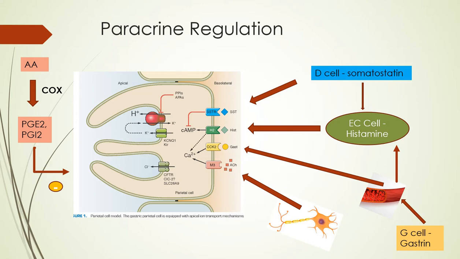So paracrine regulation, what is the word paracrine? Paracrine means how neighboring cells secrete some substances, those substances act on neighboring cells and either activate or deactivate some mechanisms. That is the paracrine mode of communication, right?